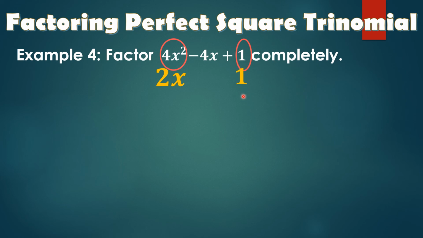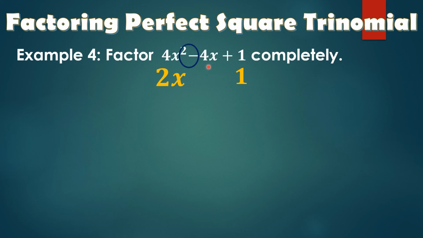Pero kapag hindi pa natin sigurado kung perfect square trinomial ba siya, kailangan muna nating i-apply ang concepts para malaman kung perfect square trinomials ba o hindi ang given na polynomial. So going back to our example, after natin makuha ang square root ng first term at last term, tingnan naman natin ang operation niya sa middle term.